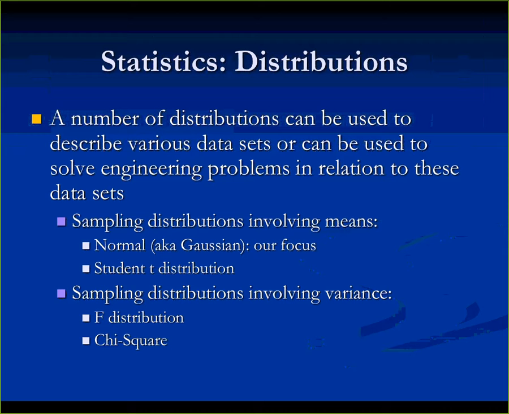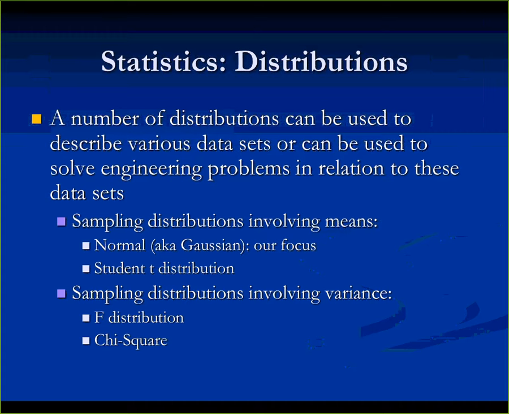So, if you all remember about statistics, distributions are pretty important. So distributions are used to describe various data sets and can be used to solve engineering problems in relation to those data sets. So we use distributions to understand data and to manipulate data and to draw conclusions about data.